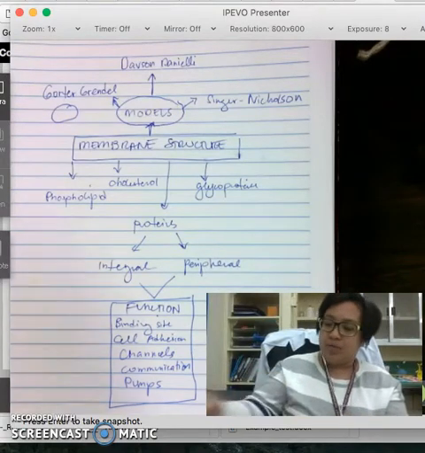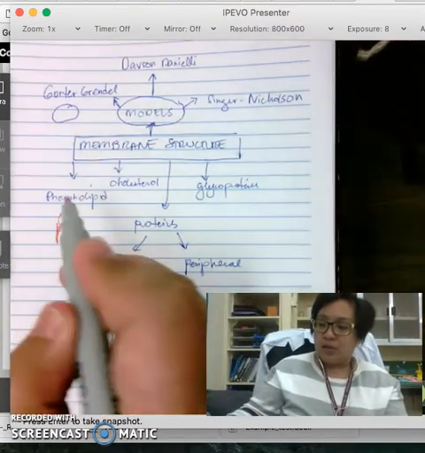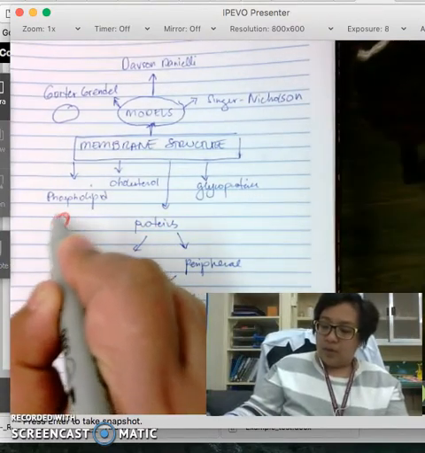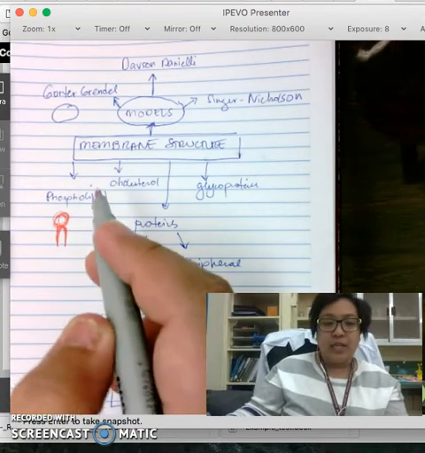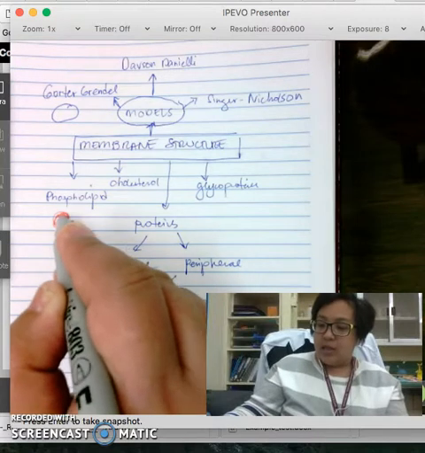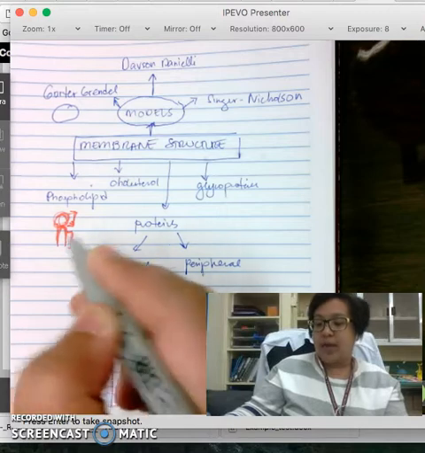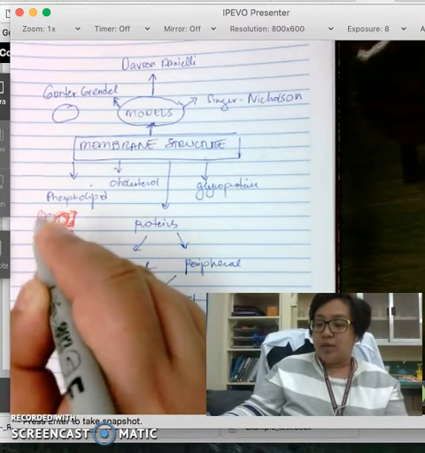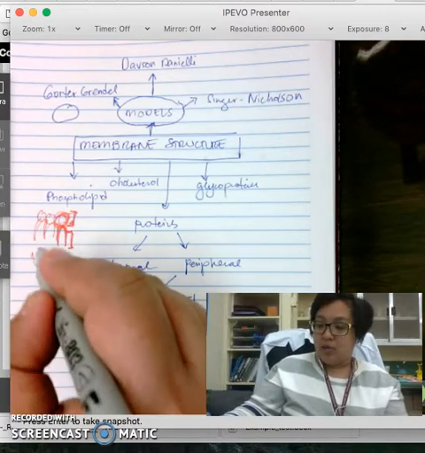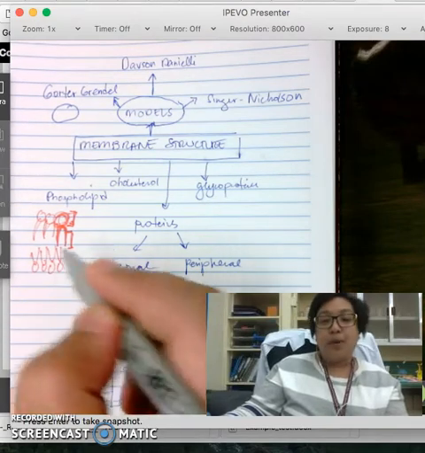So your phospholipid, if I draw one phospholipid right here, that's your phosphate head and your fatty acid tails. This is hydrophilic and this is hydrophobic. Now, if you have that arrangement in your cell, it makes your cell membrane selectively permeable.